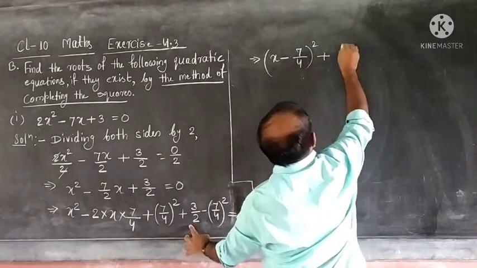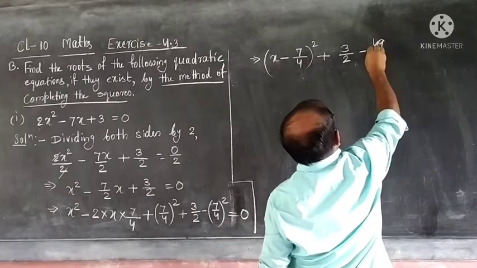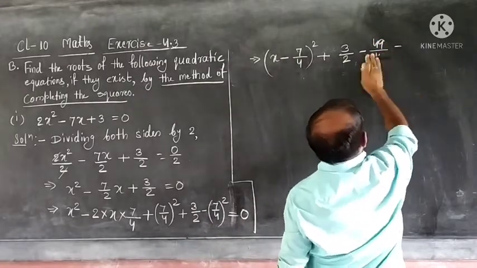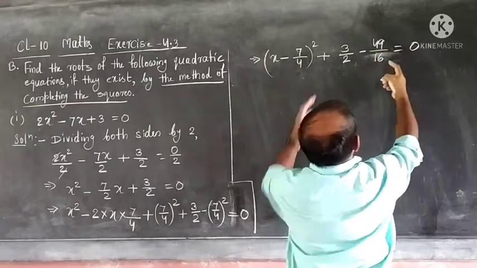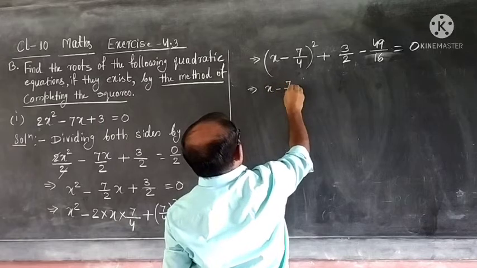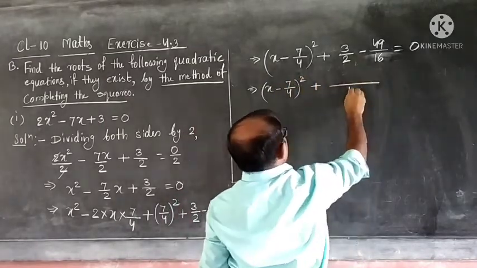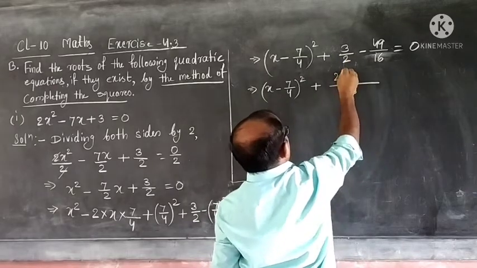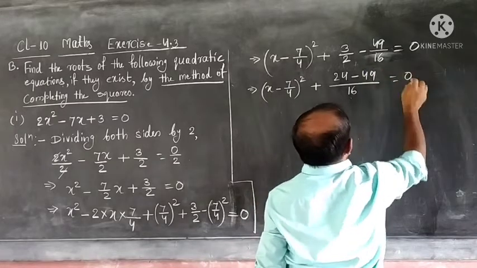Now, here is plus 3 by 2 minus 7 square will be 49 by 4, 4 4s are 16, is equal to 0. So, we need to simplify this. So, x minus 7 by 4 whole square plus, LCM 16, 2 8s are 16, 3 8s are 24, 16 1s are 16, minus 49 1s are 49, equal to 0.